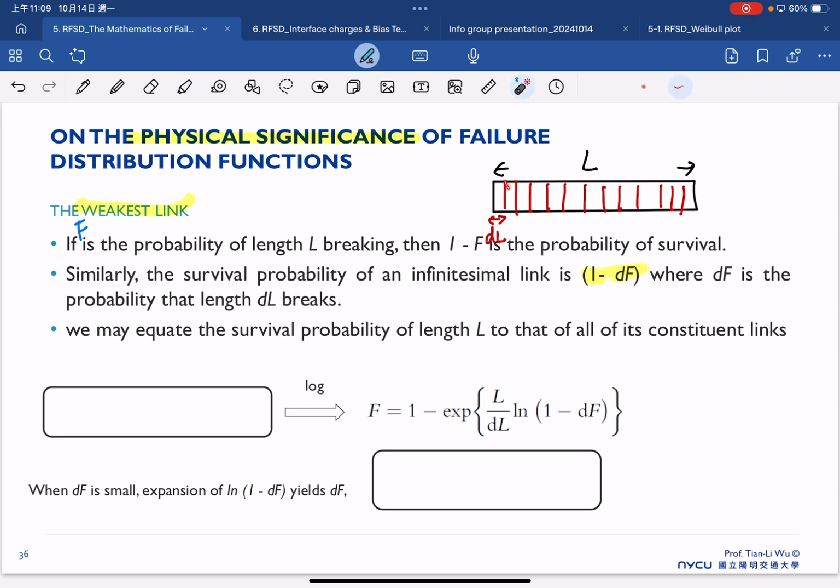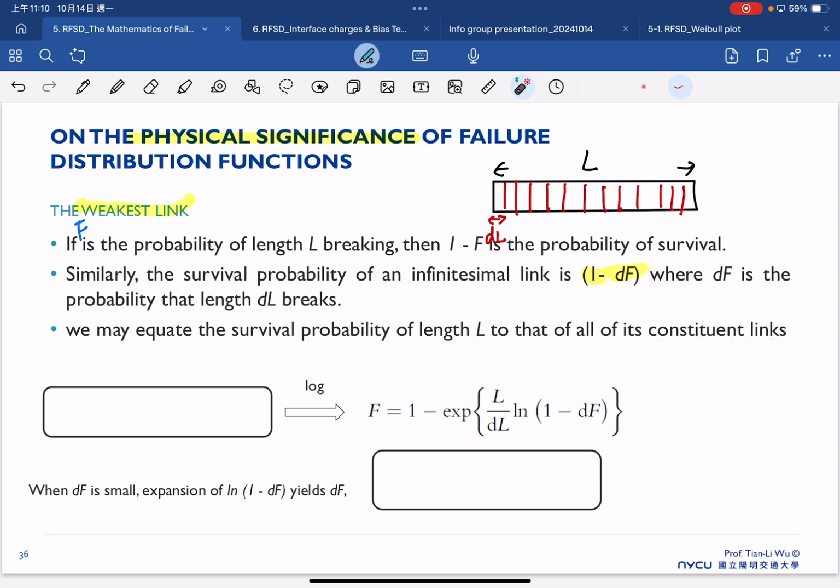So now we consider this one. Therefore, the survival for this small part is 1 minus dF, where dF is the probability that length dl breaks. So we might equate the survival probability of length L to that of all of its links.